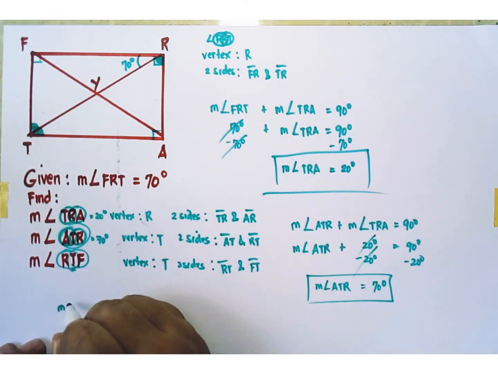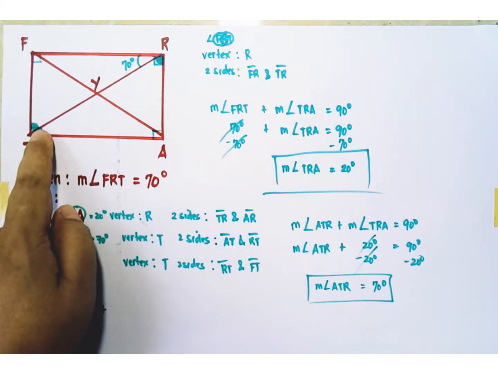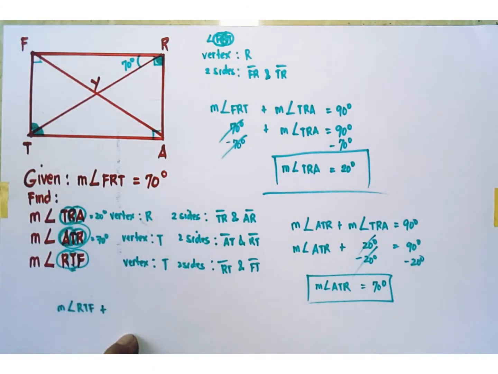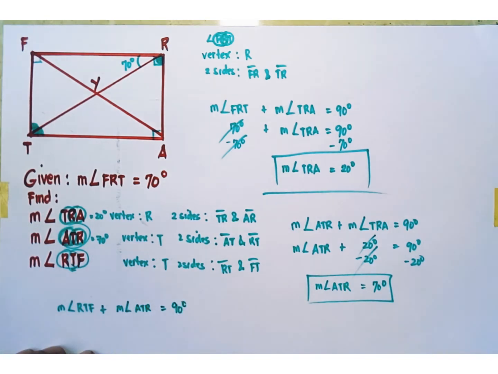So measure of angle RTF, which is the last indicated angle, plus the measure of this angle, which is angle ATR, is equal to 90 degrees. We can replace this with its value because we had solved measure of angle ATR. It's equal to 70 degrees. So measure of angle RTF plus 70 degrees is equal to 90 degrees.